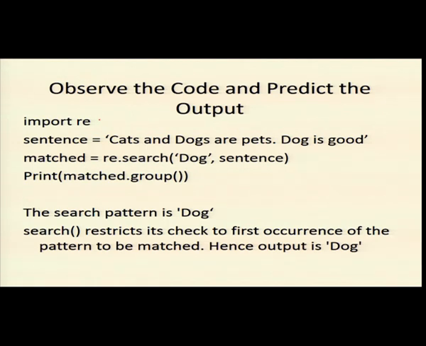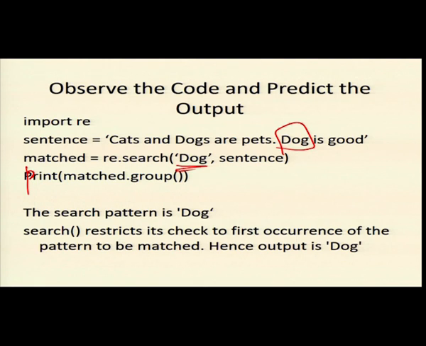Now, match equal to re.search("dog", sentence). Print, this print is small p, print match.group(). What is the search pattern? The search pattern is dog. Where is dog in this sentence? You have the dog over here.